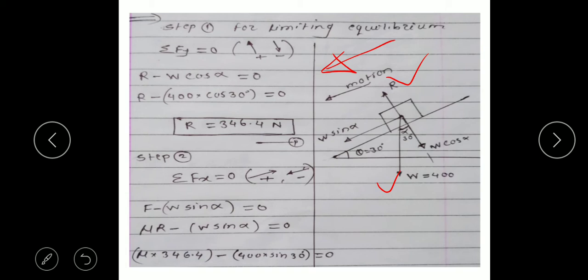When the body moves downward, friction will be present between the block and the surface. The friction direction will be opposite to the motion direction, so the motion is downward and the friction will be upward. So we need to show the arrow for friction also.